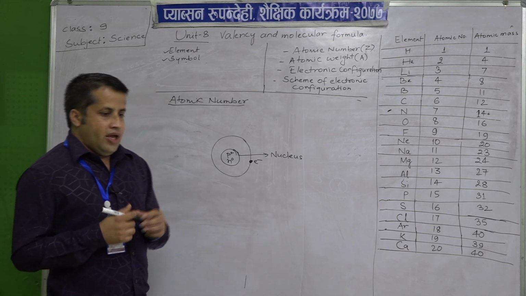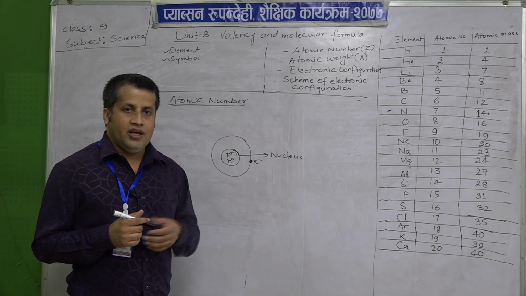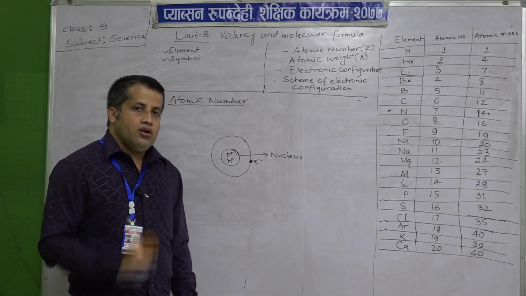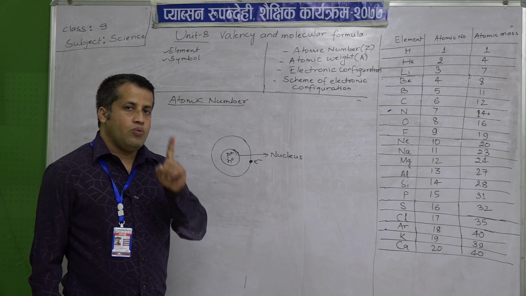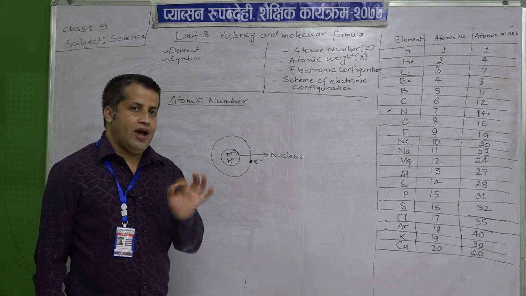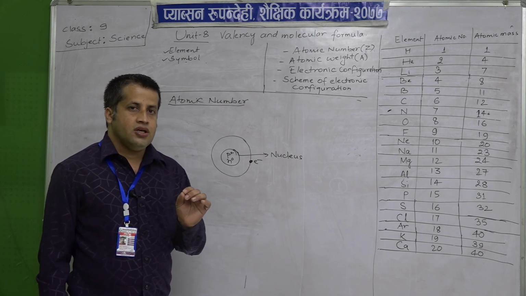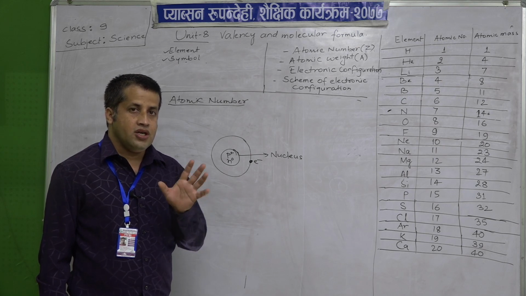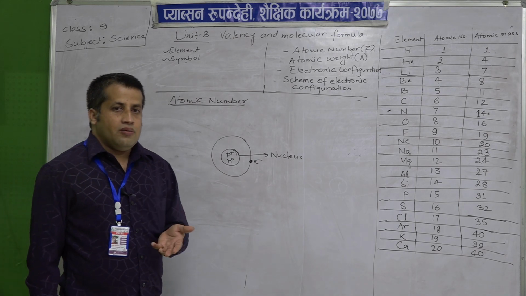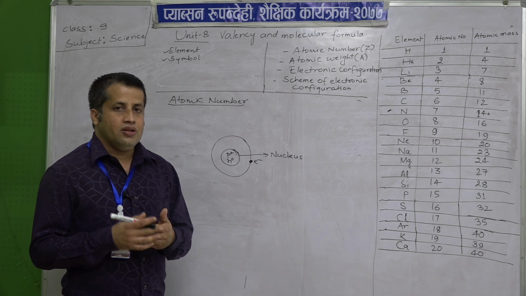Hydrogen, the smallest element known, has only one electron as well as one proton. Last time I told you hydrogen does not possess a neutron. Like that, there are many elements which have a higher number of electrons.